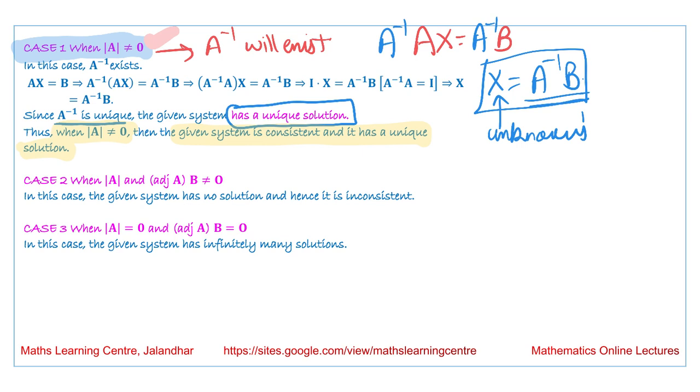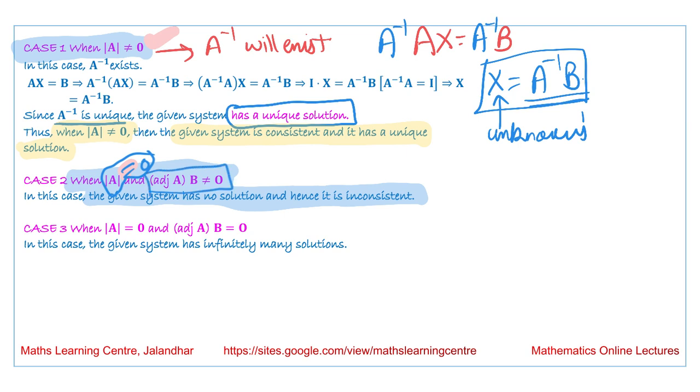Next is the case when determinant of A is equal to 0 and adjoint of A into B is not equal to 0.